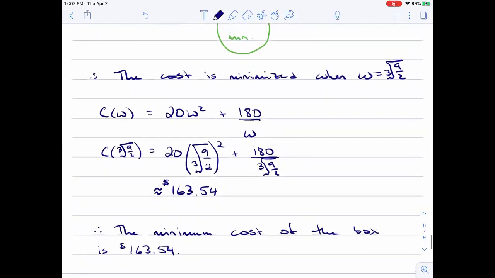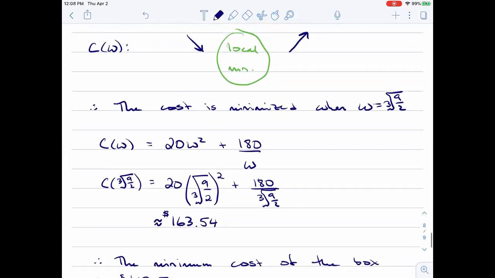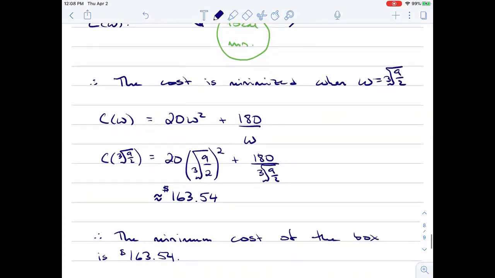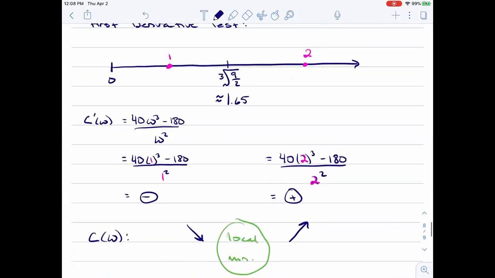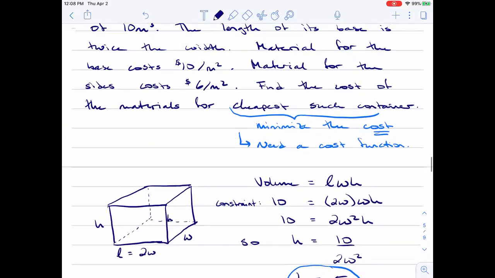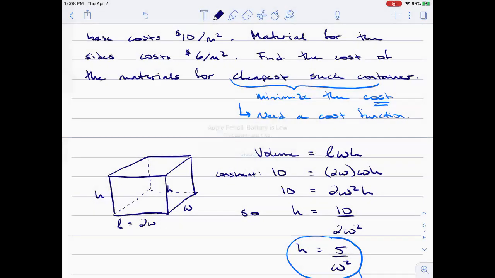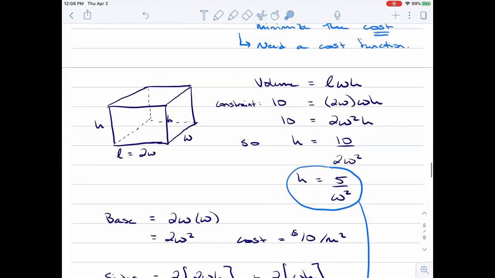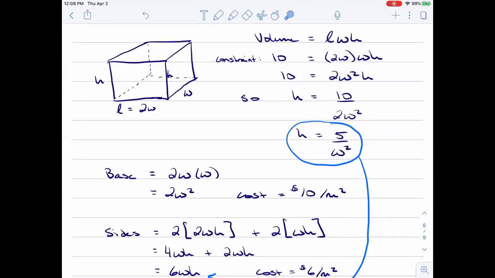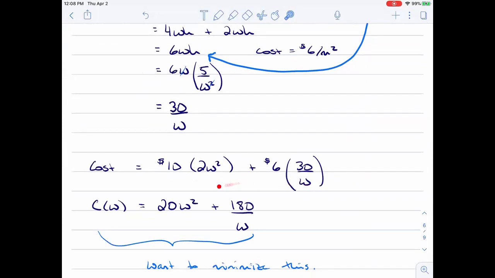So both of these are quite long, right? But that's because I'm kind of talking you through it. There should be a kind of a pattern for these optimization problems. First you sketch out the problem, read through it, figure out what things look like, and identify your constraints, because that's how you swap out one of the variables, and then write your function that you're trying to maximize or minimize.